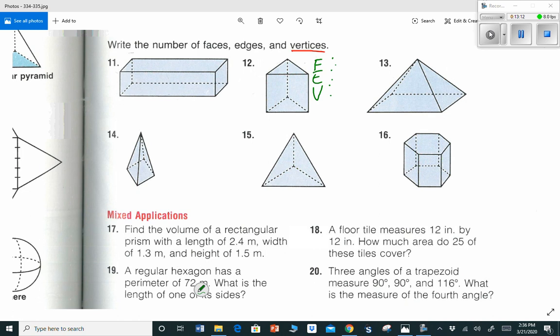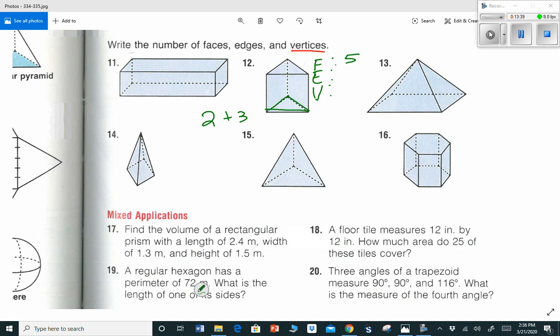Faces are first. We've got this base on the bottom and this base on the top. That makes 2. And then can you see that there are 3 rectangles joining those 2 bases, which would make 5 faces. And then our edges are lines where 2 or more faces come together.